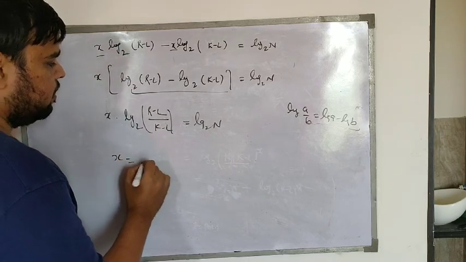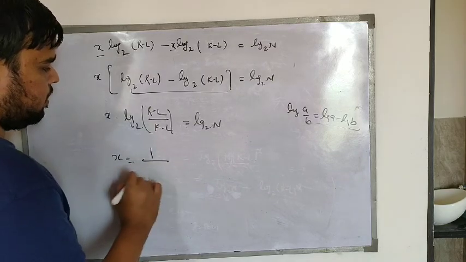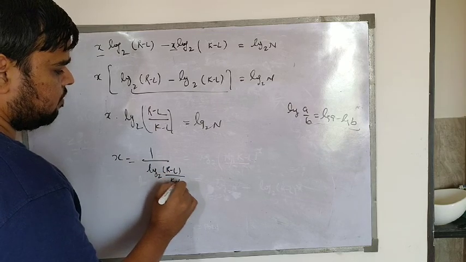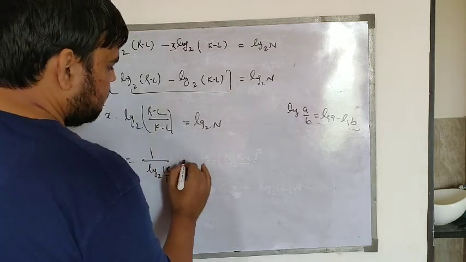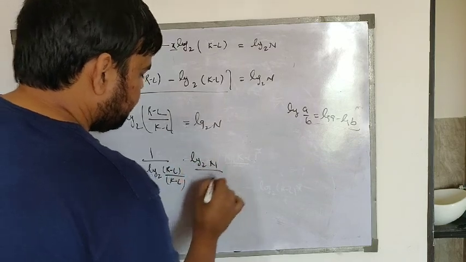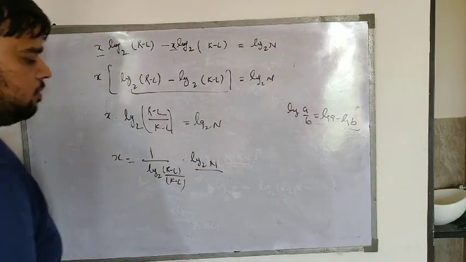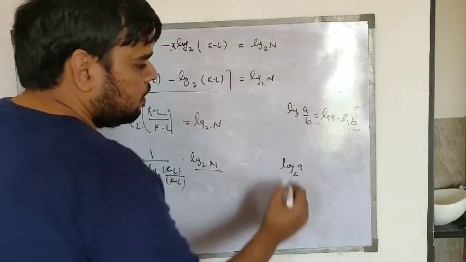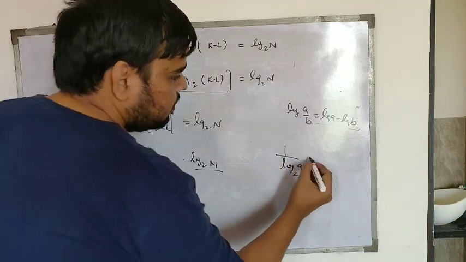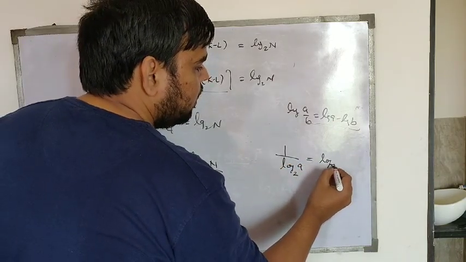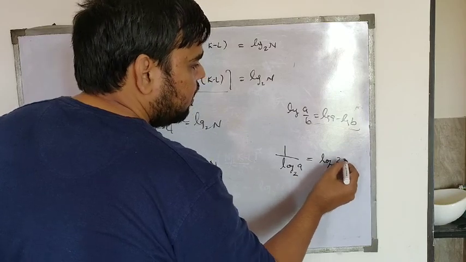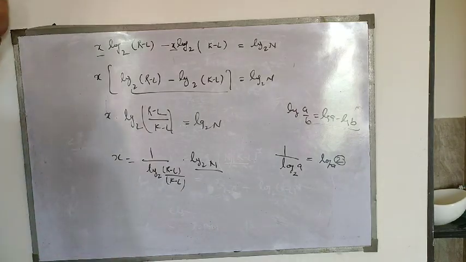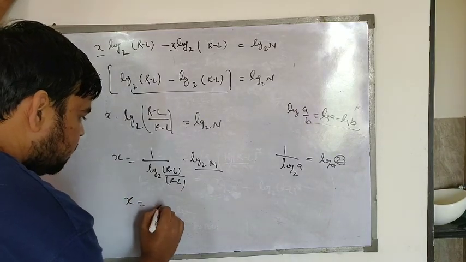So this will be 1 by log 2 of (R - L)/(K - L) into log 2 N. We know that by logarithmic property, 1 by log with base 2 of a is equal to log with base a of 2. So these two are just reverse. So it will look like x is equal to log.